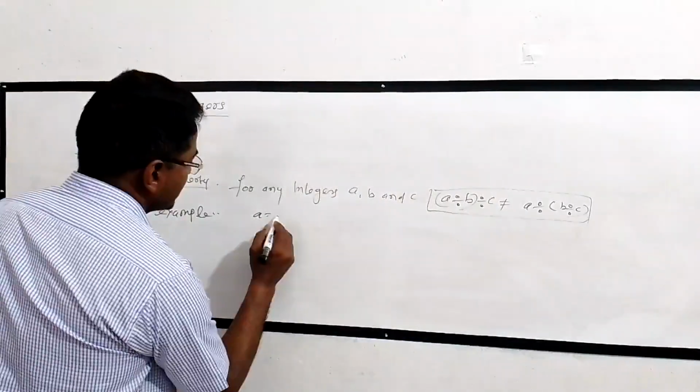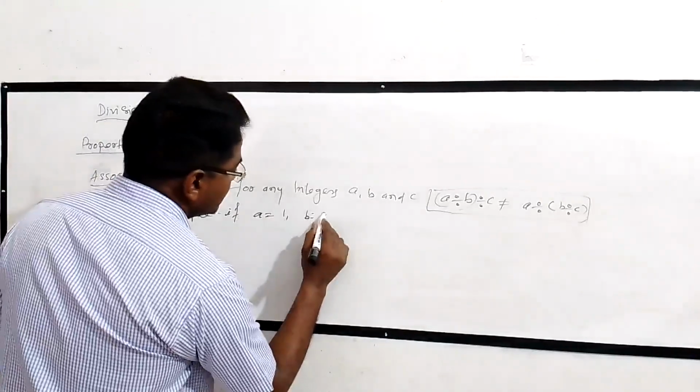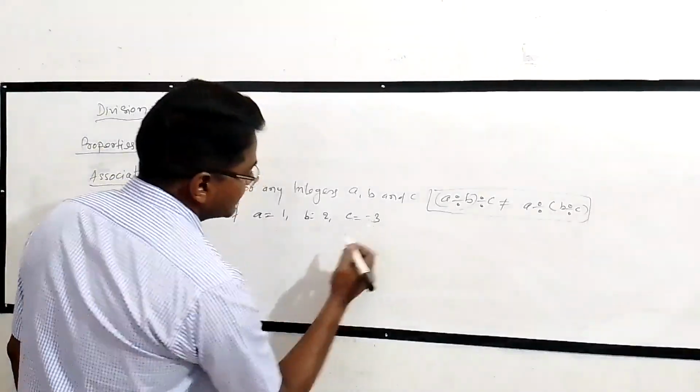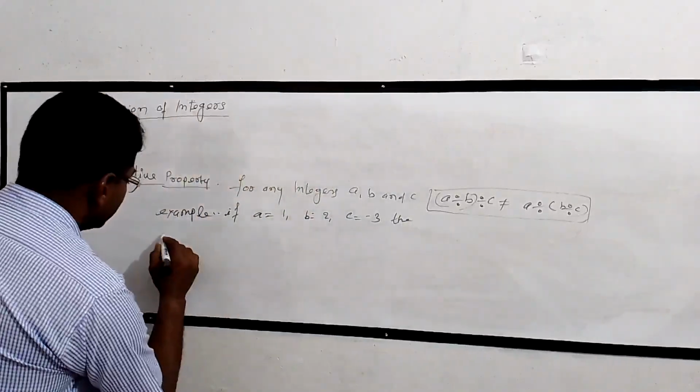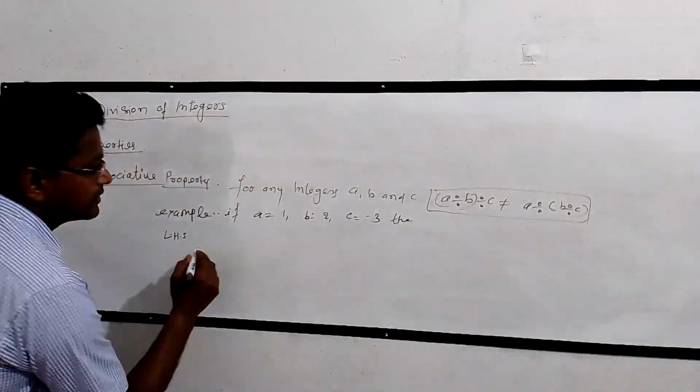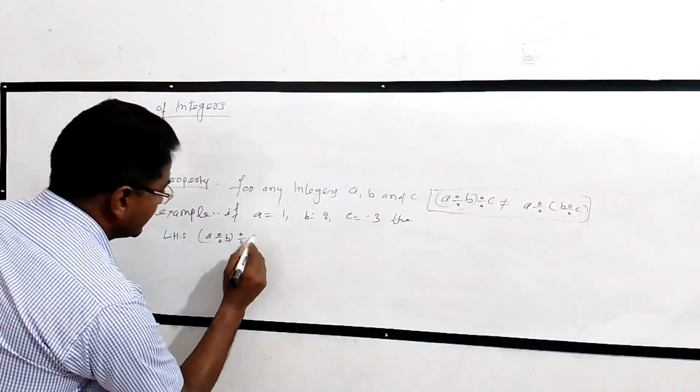Example: suppose a is equal to 1, b is equal to 2, c is equal to minus 3. Then take the LHS: (a divided by b) divided by c.